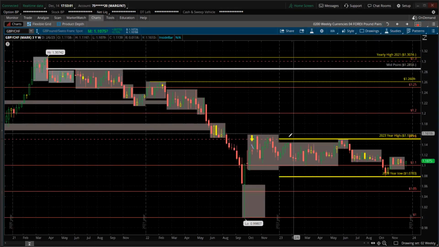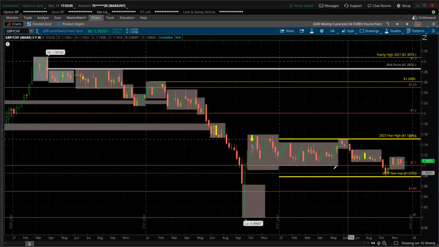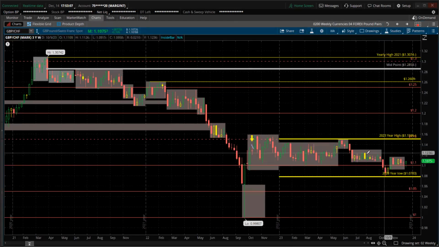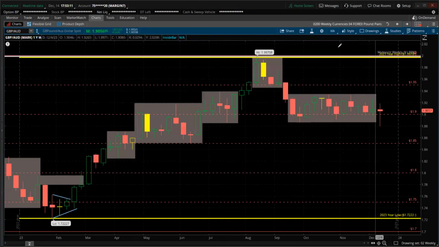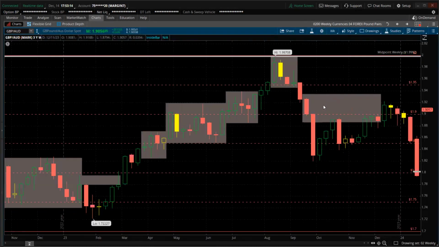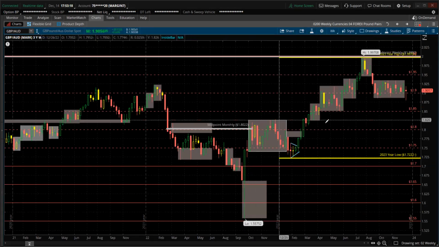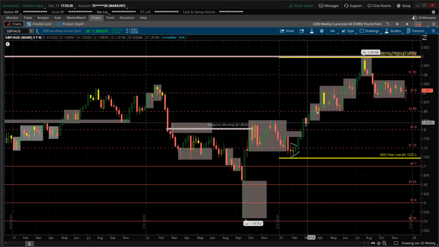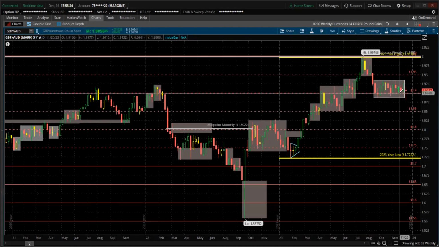Looking at the pound Swiss franc. Oh, wow. Tight consolidation here for the whole year. High of the year, low of the year. Massive consolidation occurring here. And the pound Australian dollar. Nice. You had accumulation here. Markup. Retracement. Consolidation.